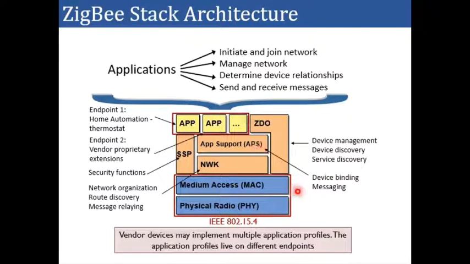App support will provide you the device binding and messaging. So the app support access points will be connected to the various applications so that the data can be shared between the Zigbee stack and the application. ZDO is responsible for device management, device discovery, and the service discovery.